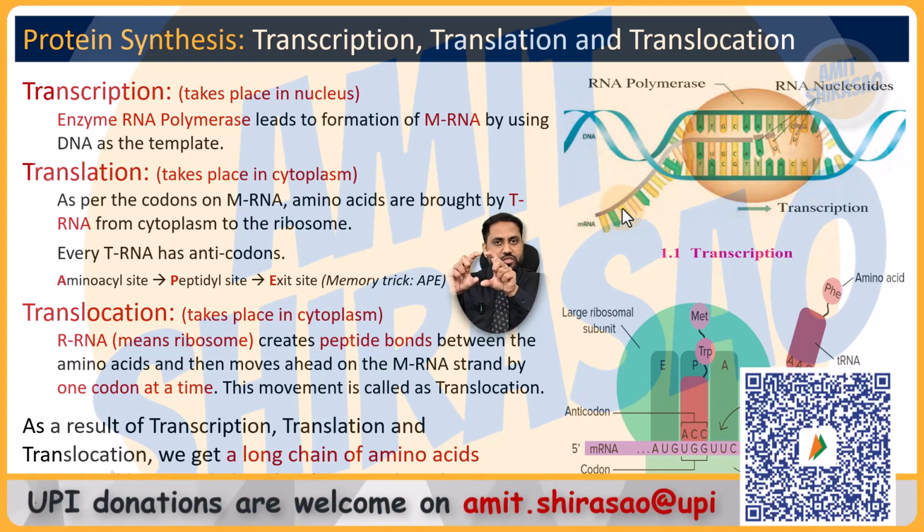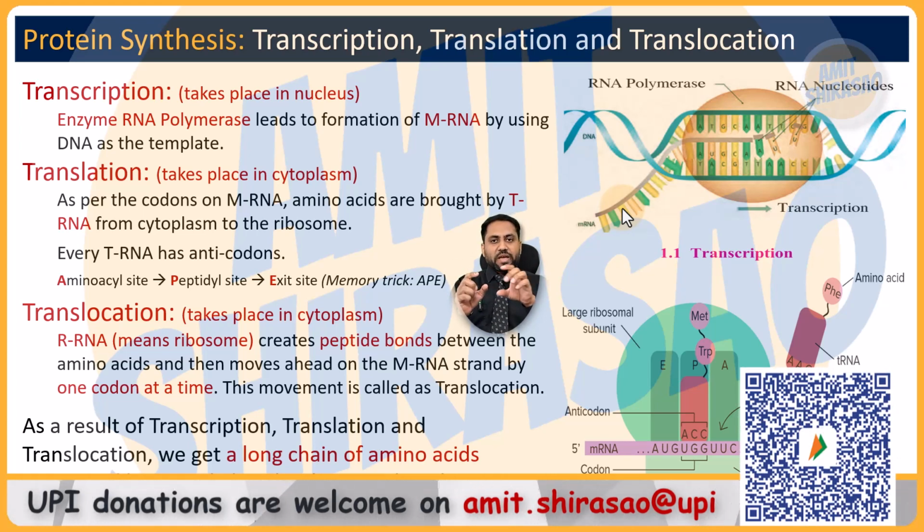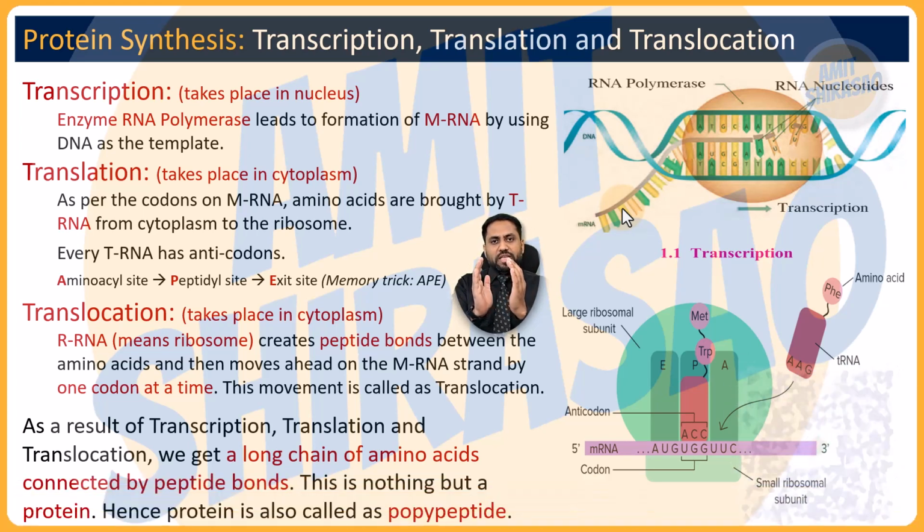And then this initiation complex keeps on moving from 5 prime to 3 prime while generating the protein. And whenever any one stop codon is encountered, there are 3 stop codons in the human body, the protein synthesis stops. Again, the ribosome splits. Everyone goes back to their own business. That's how protein synthesis happens.